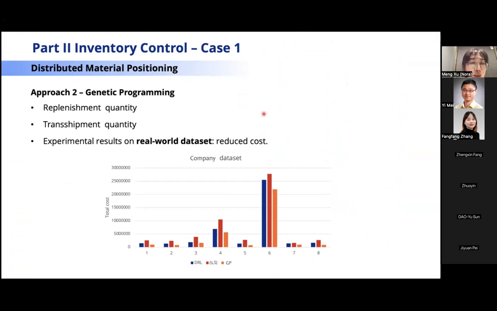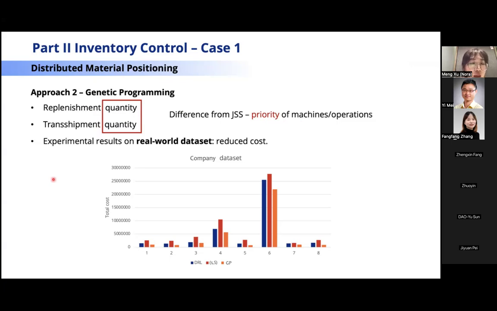For the genetic programming, we still have two trees, but different from job shop scheduling, the trees represent the replenishment policy and the transshipment policy. Also different from job shop scheduling, where the rules are used to calculate the priority of machines and operations and finally the machine or operation with the highest priority will be selected, here our replenishment policy and transshipment policy are used to directly calculate the quantity.